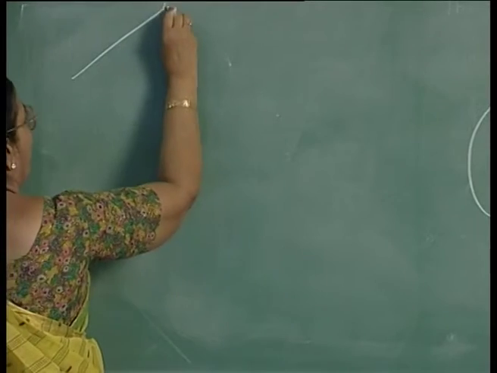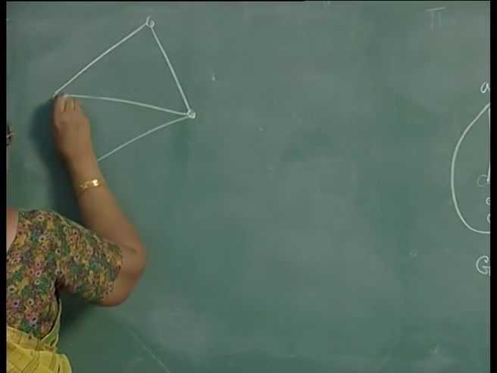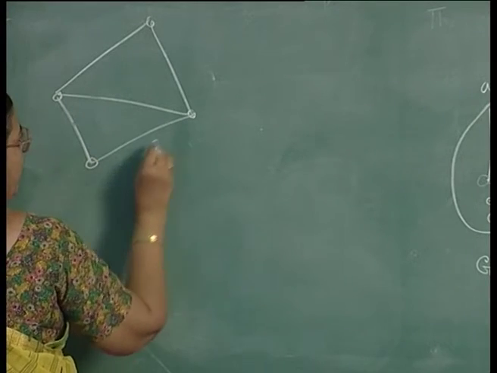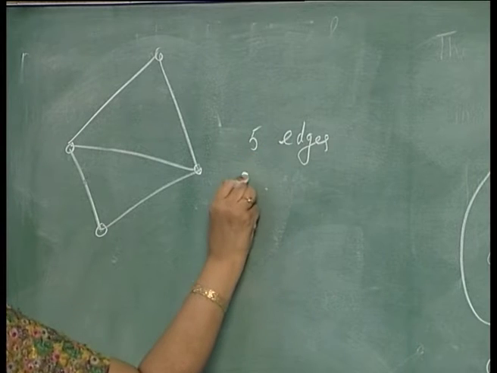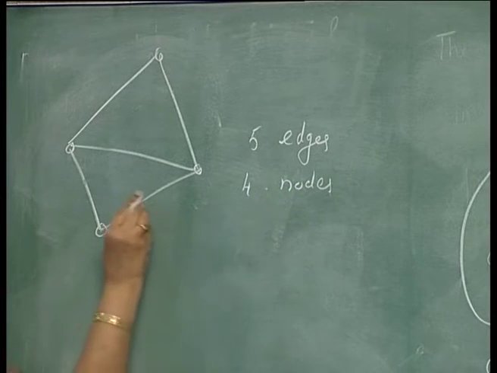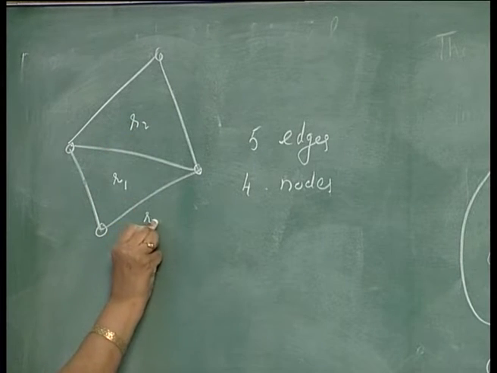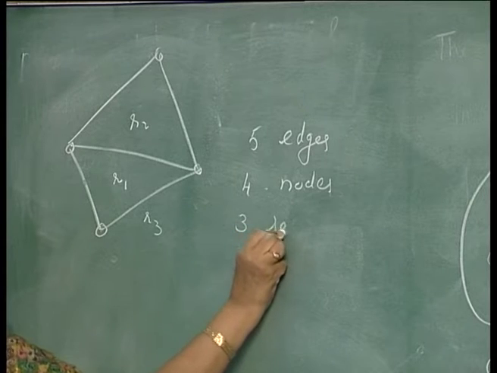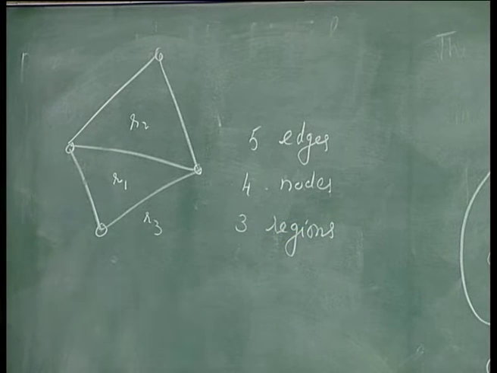Now, as I told you, if you have a planar graph like this, this is a graph with 5 edges and 4 nodes. How many regions does it have? It has region 1, region 2, region 3. 3 regions. And what is the connection between them?